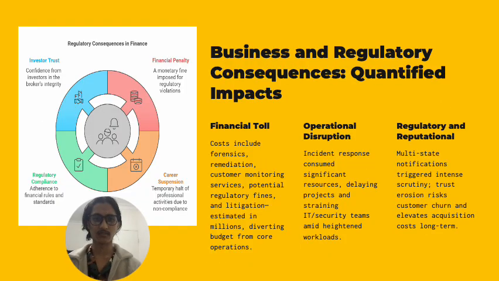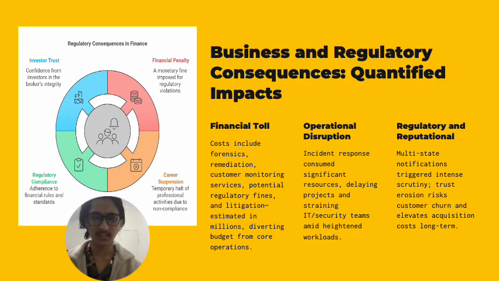So here on the other slide, there are business and regulatory consequences, quantified impacts. In the first row is financial toll. On financial toll, there are really high costs from remediation, fines, litigation, and diverted budgets. On the other side, there is organizational disruption.